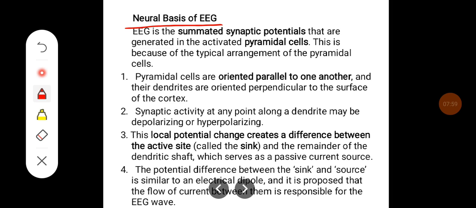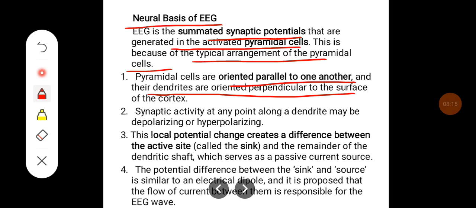Neural basis of EEG. EEG is the summated synaptic potential that is generated in the activated pyramidal cells. This is because of the typical arrangement of the pyramidal cells. Pyramidal cells are oriented parallel to one another, and their dendrites are oriented perpendicular to the surface of the cortex. Synaptic activity at any point along a dendrite may be depolarizing or hyperpolarizing.